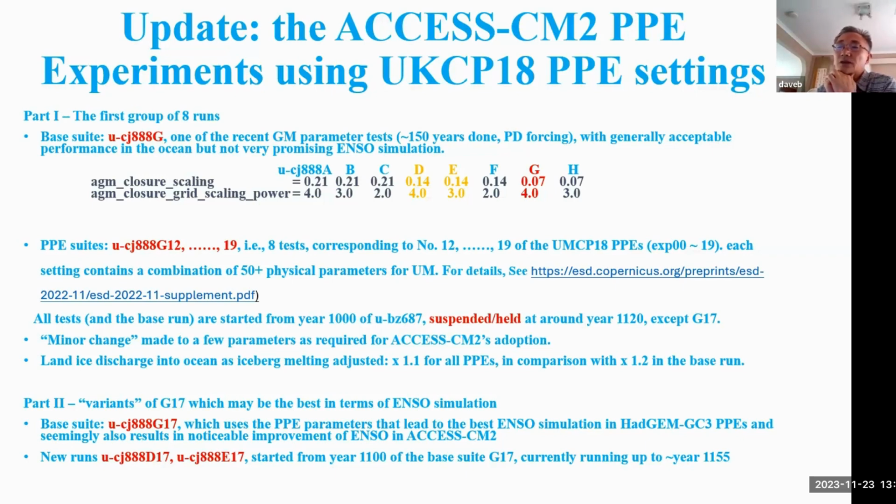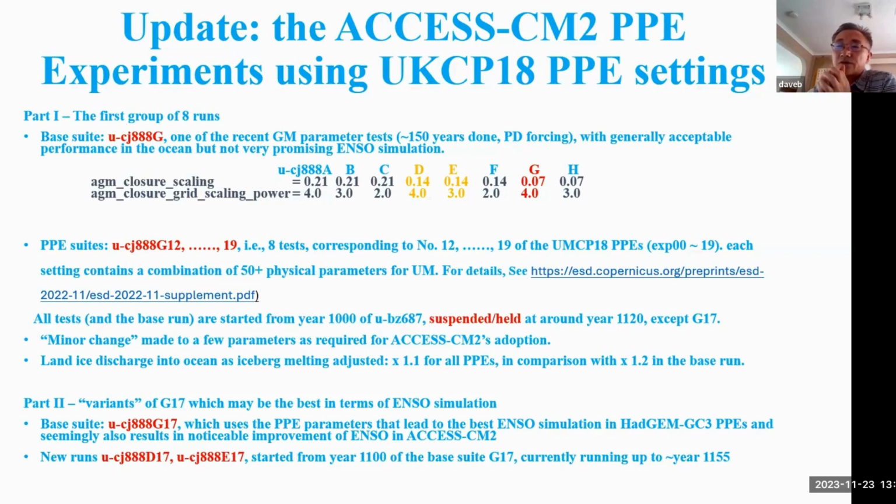We choose one from them, which we call CJ888G. That one we think is pretty good compared to the control in terms of the ocean behavior. But there is one thing that is not that good, actually, which is the ENSO.